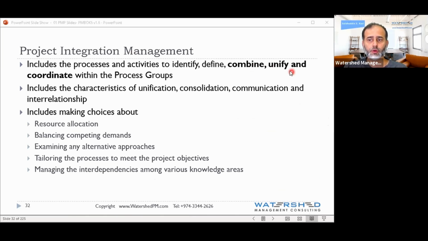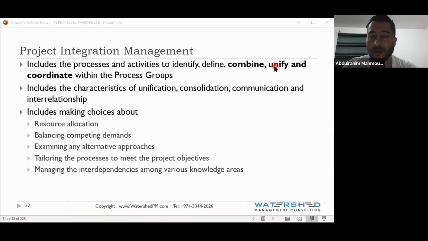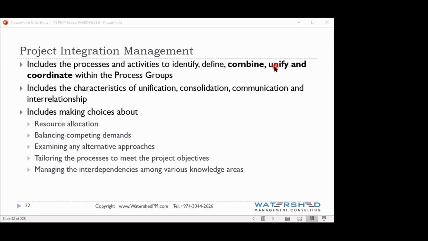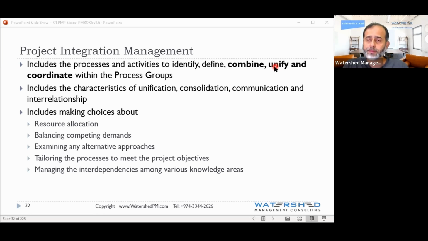Combine or unify, same thing. Like I bring the cost plan, the risk plan, and put everything in one bag. This one bag is the project management plan. Correct? Correct. So who's doing this combining? That integration guy, the roundabout guy.